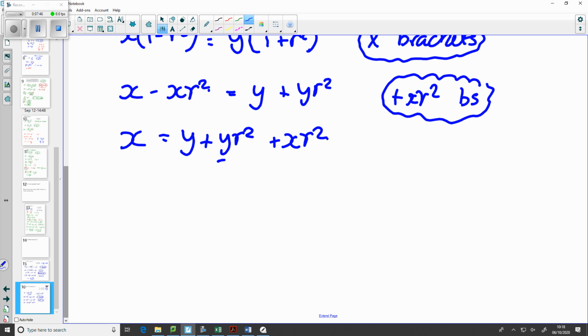So we got these two terms together, but we've got this pesky y on the end here. So how can we get rid of that? Subtract y from both sides.